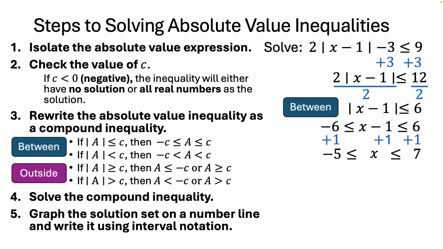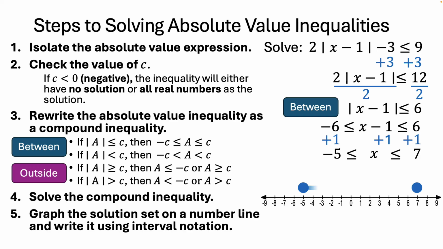The last step is to graph the solution set on the number line and write it using interval notation. Since this compound inequality involves using the less than or equal to symbols, the solution set includes the endpoints negative 5 and 7. So on a number line, I would draw a solid dot at negative 5 because it's included, and I would draw a solid dot at 7 because it's also included in our solution set.